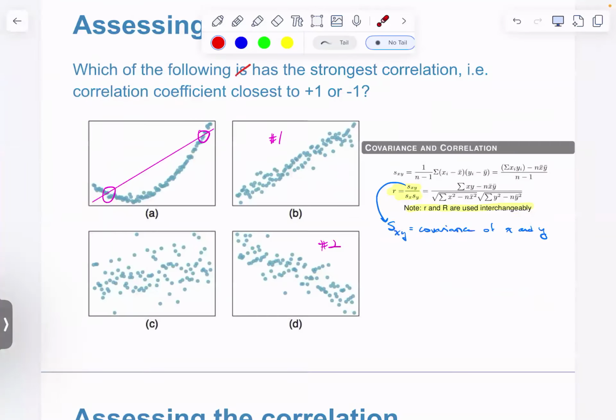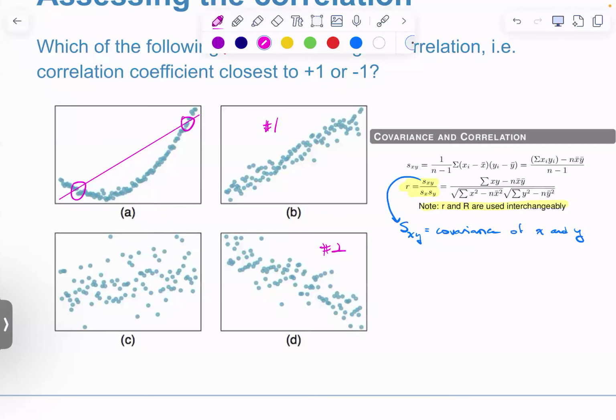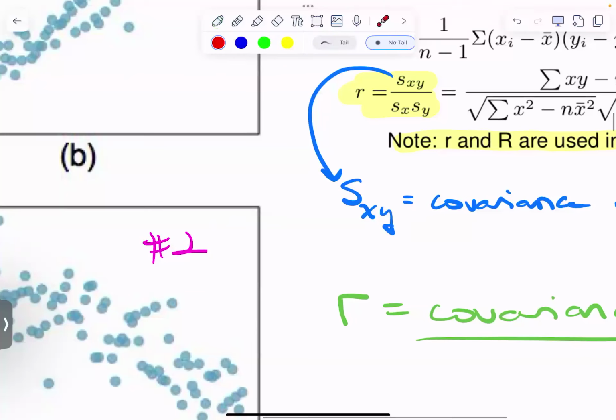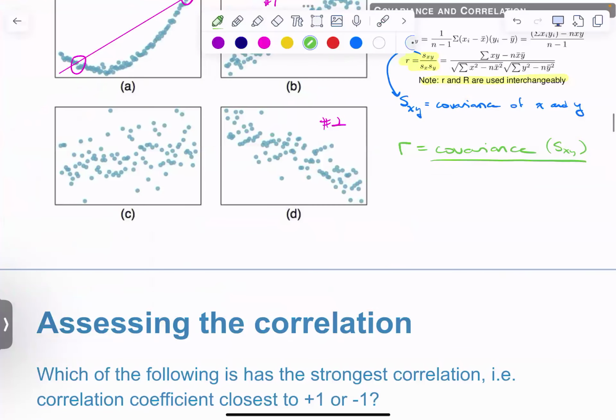The correlation is going to be the covariance, which is SXY, divided by, and this is where the notation becomes important, SX, the standard deviation of the x's, times SY, the standard deviation of the y's.